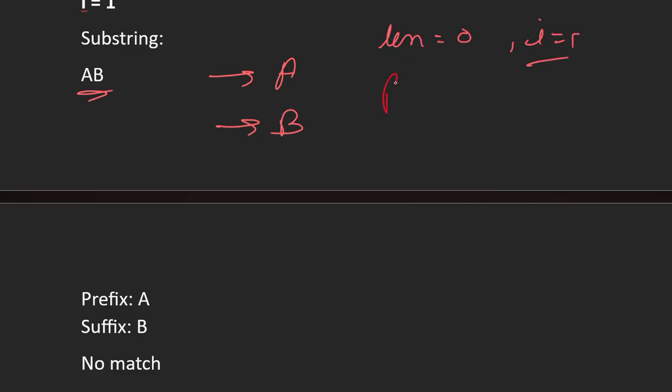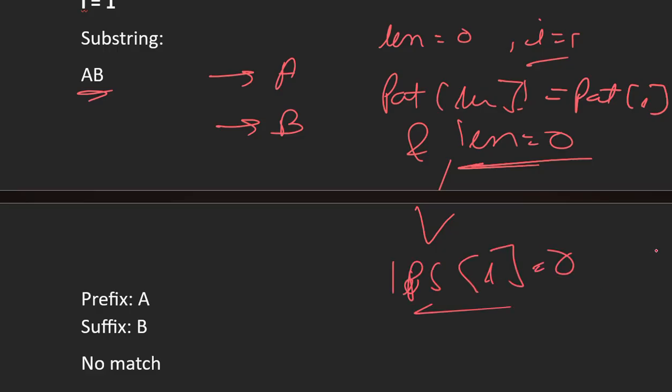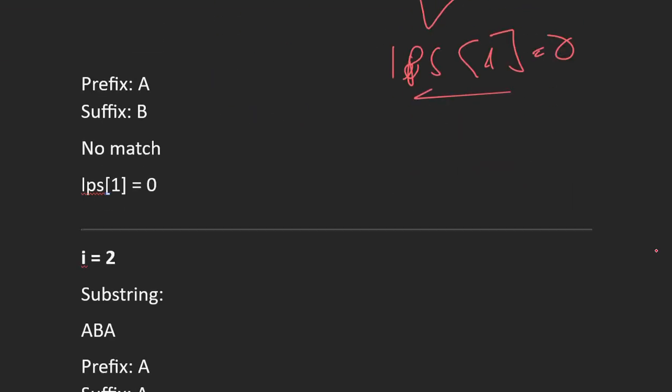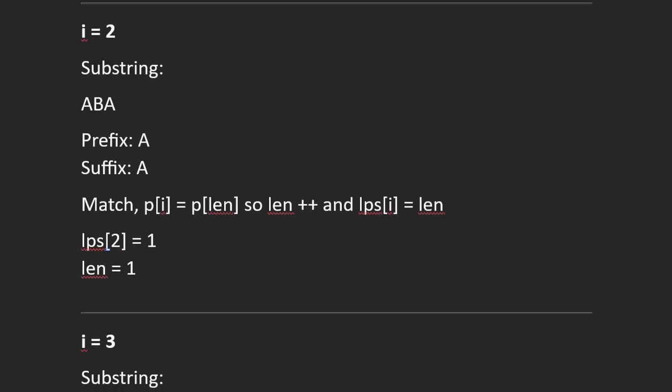If you see the condition, pattern of length is not equal to pattern of i, and the second condition is length equal to 0. As we have discussed, in this case we directly make LPS of i equal to 0, so LPS of 1 will become 0. Then we move to index number 2. At index 2 we have ABA, and our length is 0 and i is equal to 2.